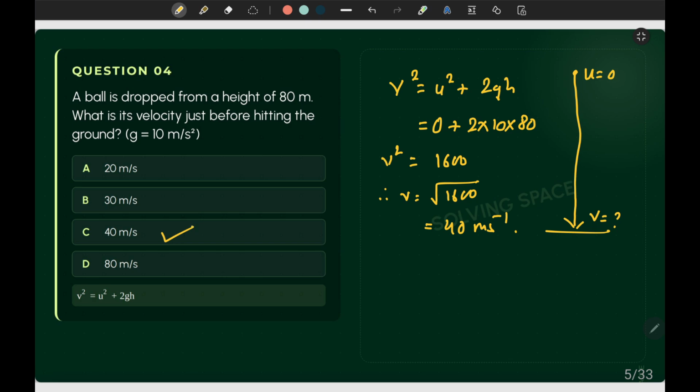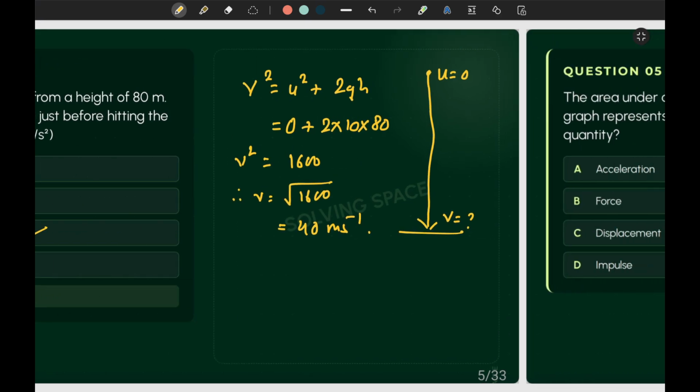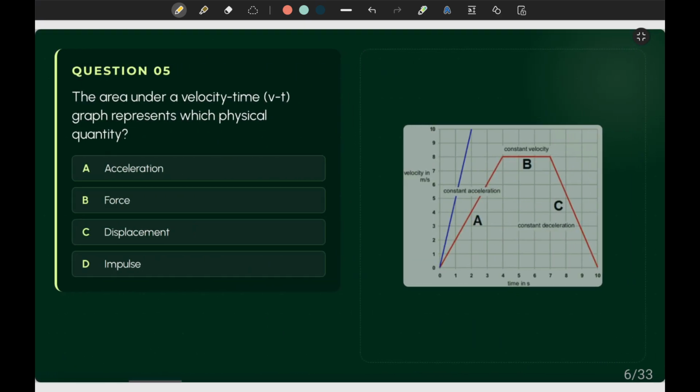Now moving to the fifth question. The area under a velocity time graph represents which physical quantity? Acceleration, force, displacement, impulse. The area under the velocity time graph is given by integration.